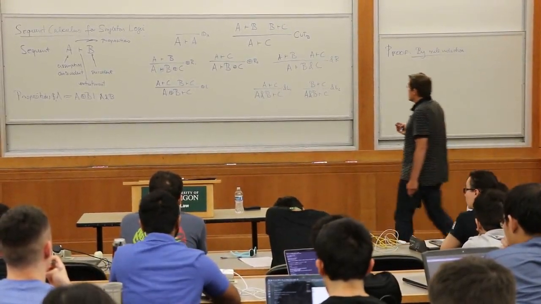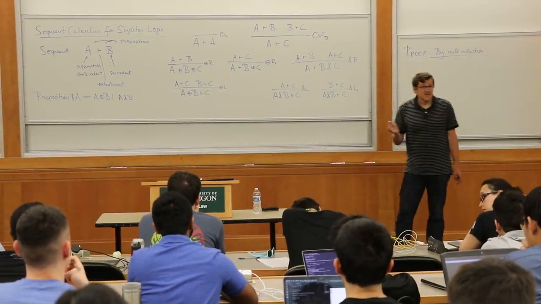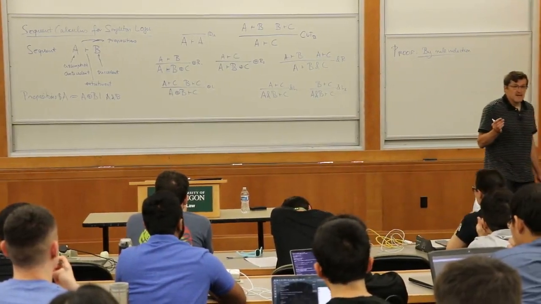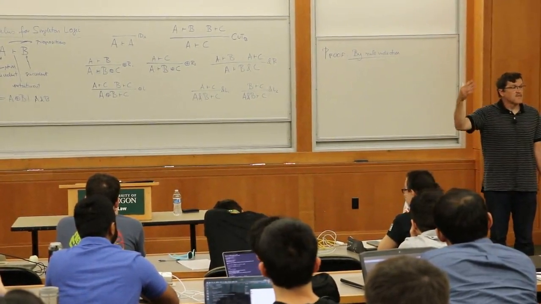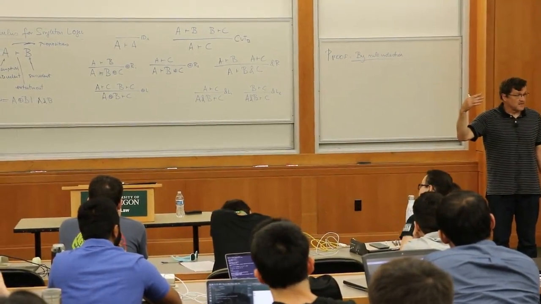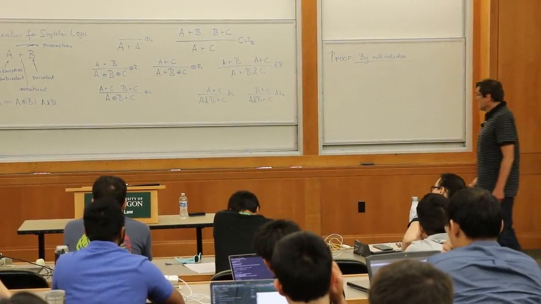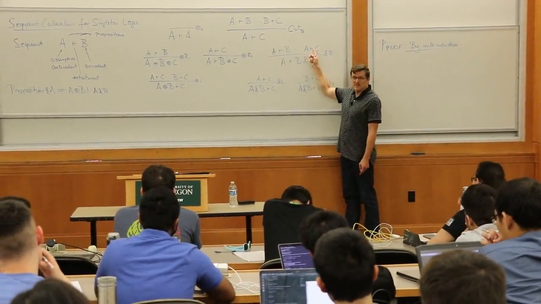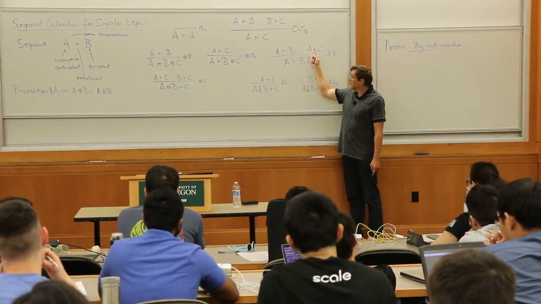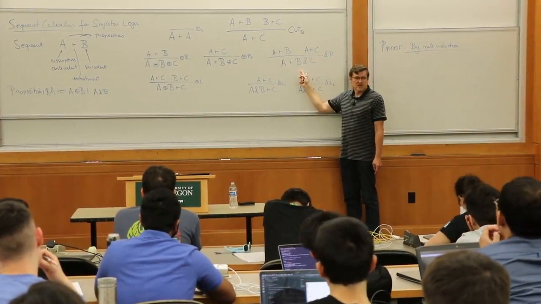Okay. So what is your base case here for this induction? ID, because it's the only rule that doesn't have any premises, so I have to prove my property outright for that one. In all other cases, I get to assume my induction hypothesis for all the premises, and I have to prove it for the conclusion.